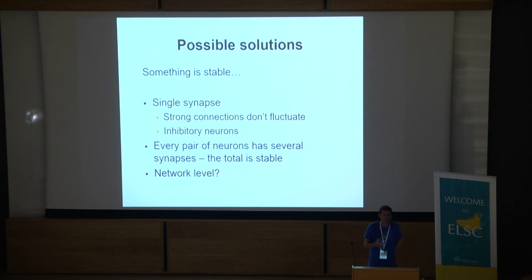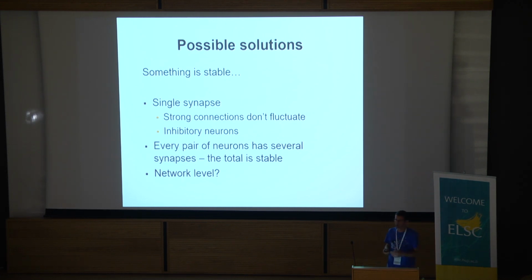We say, well, something is stable, right? Behaviorally, we see that there is memory, so obviously something is stable. But maybe it's just not the size of the individual spine that we monitor. Maybe if we look at strong connections, they don't fluctuate. Or maybe if we look at inhibitory neurons, they fluctuate less, which is actually the case.